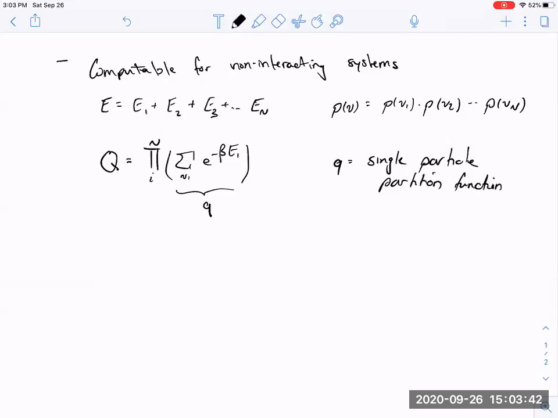So it is all of the thermally accessible states that a single particle can occupy. And in instances when the system is not interacting, knowing it, and if all the particles are the same, we thus have access then to the total partition function, which is just n factors of that little q.